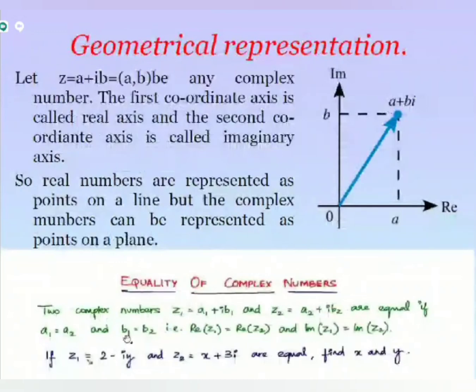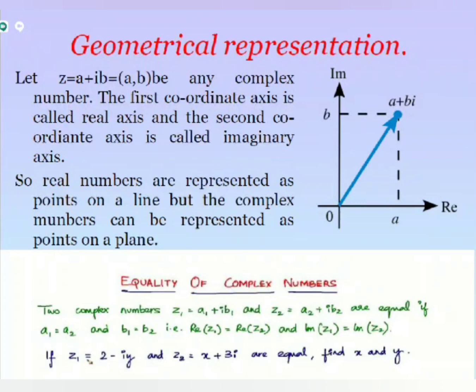That is, the real part of z1 equals the real part of z2 and the imaginary part of z1 equals the imaginary part of z2. For example, if z1 equal to 2 minus iota y and z2 equal to x plus 3 iota are equal, find x and y.